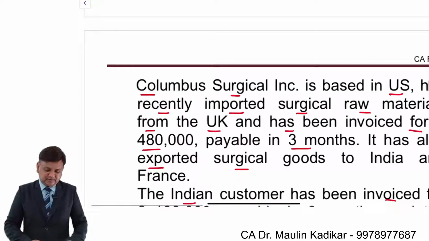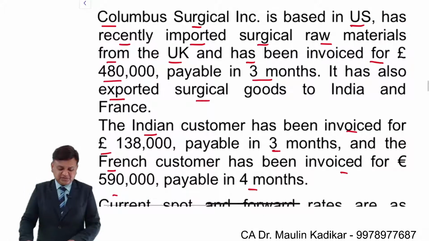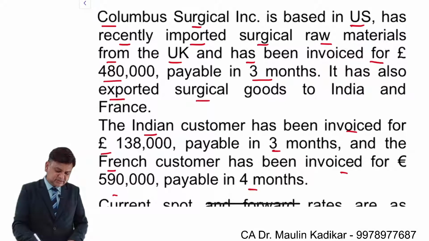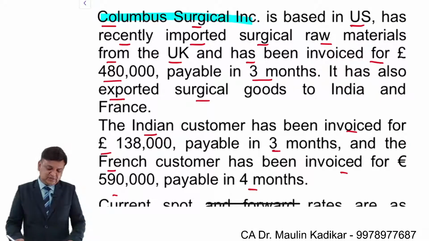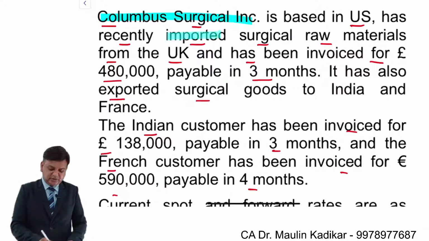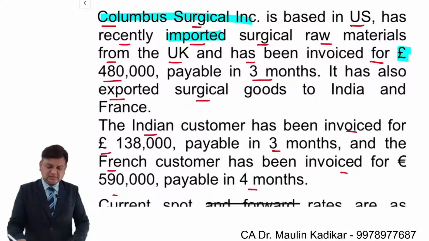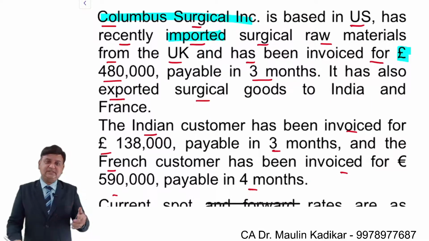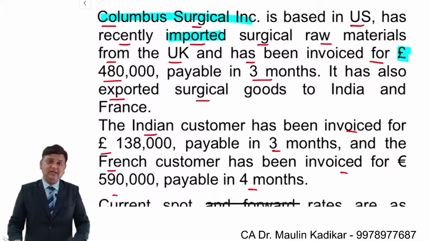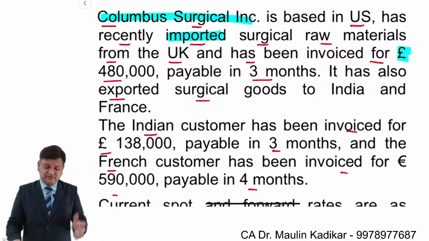So here we are required to give the decision to Columbus Surgical Incorporation. Information is provided that it has imported goods, and for that it is going to pay the consideration in pound currency. The pound is a foreign currency, and so it is required to hedge its foreign exchange risk.